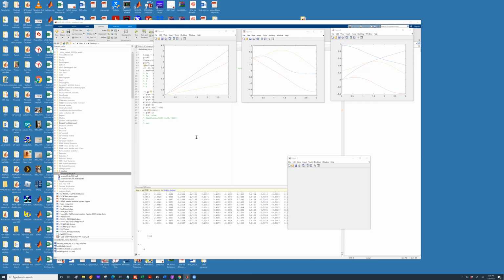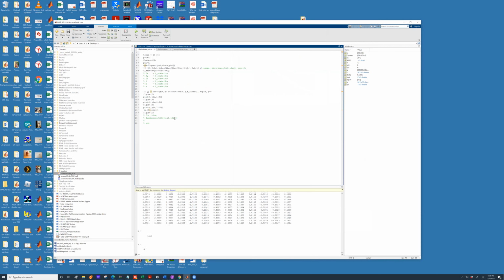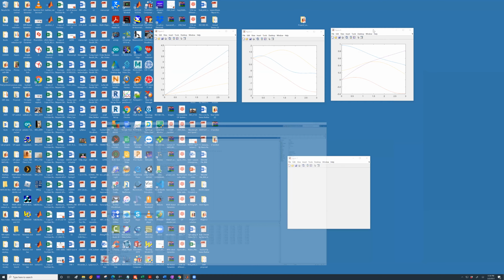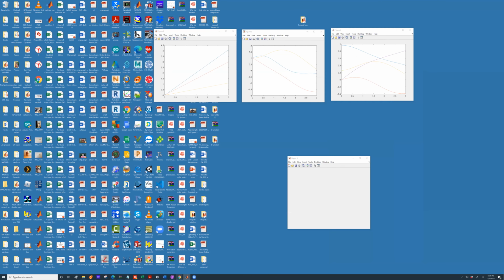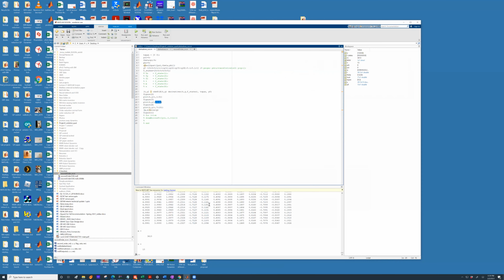What I want you to understand is that figure 2 is plotting the first 3 elements of the solution. Figure 3 is plotting the next 3 elements of the solution. And figure 4 is plotting the last 4 elements of the solution. I want you to quickly look at what these elements are.